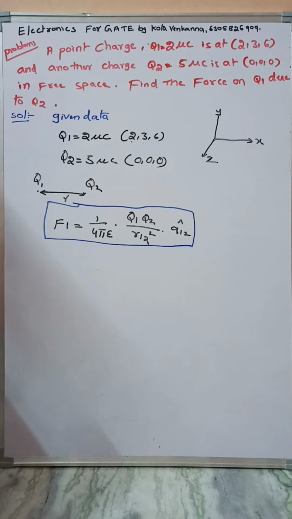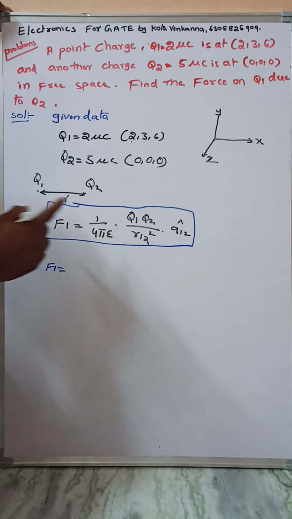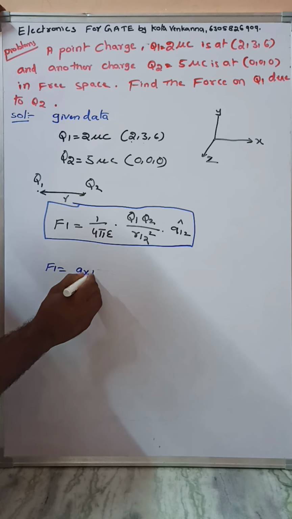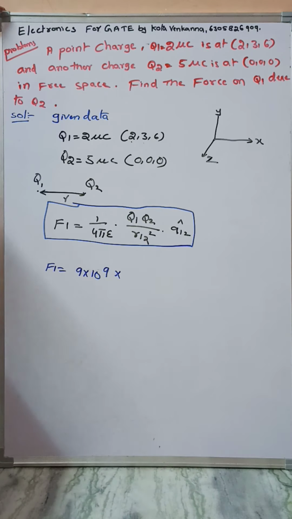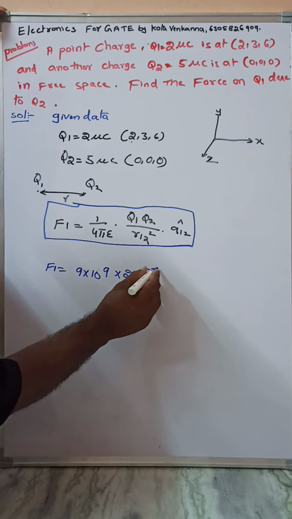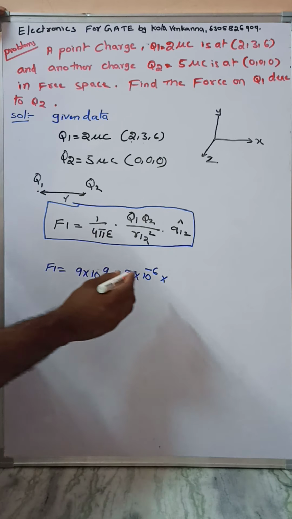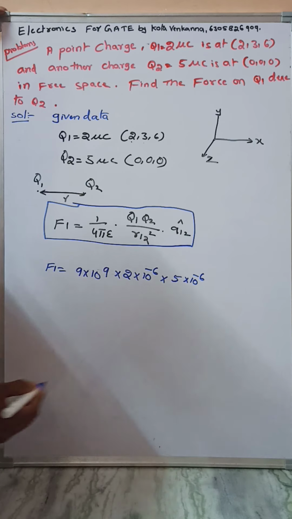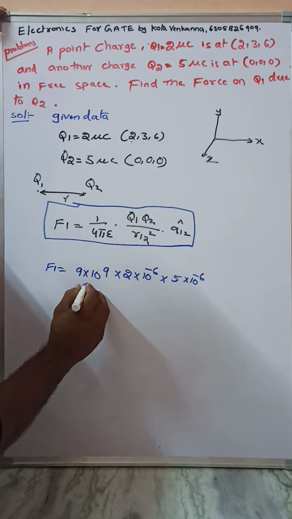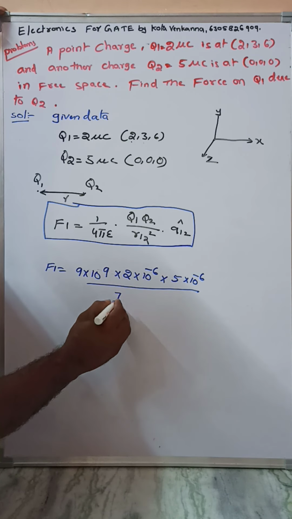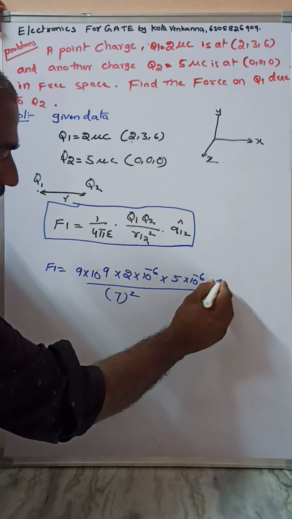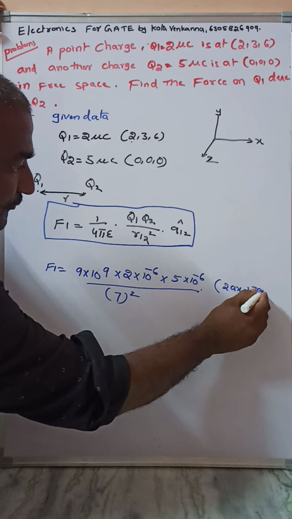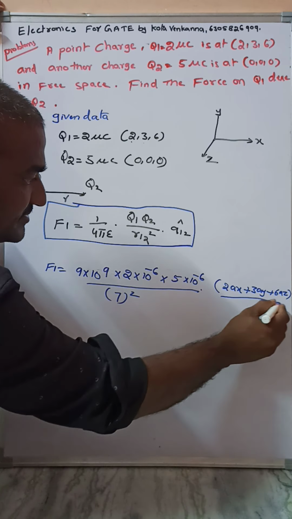Then F1 is equal to 9 into 10 power 9, into Q1, which is 2 microcoulomb, written as 2 into 10 power minus 6 coulombs, into Q2, which is 5 microcoulomb, 5 into 10 power minus 6 coulomb, by R12 square, where R12 is 7, so 7 square, into A12, which is 2 ax plus 3 ay plus 6 az by 7.